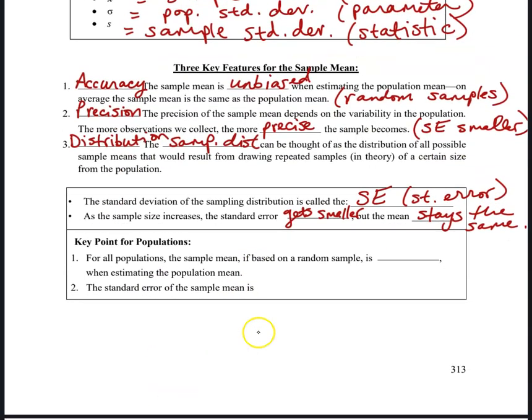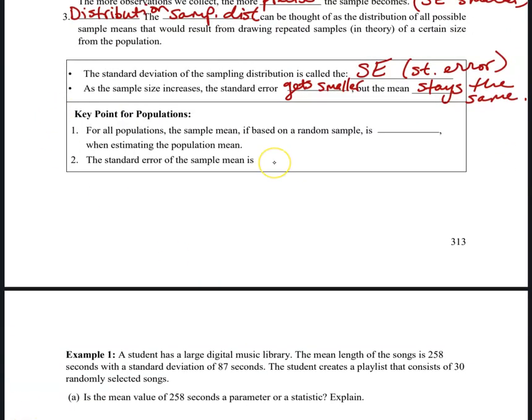A couple other key points here that I want to mention. As I said above, if we're looking at random samples, then the sample mean is an unbiased estimate for the population mean. And the standard error for that sample mean, now here's a new formula because we're not talking about proportions anymore. So make sure you've got this in your notes somewhere. The standard error formula is going to change slightly.